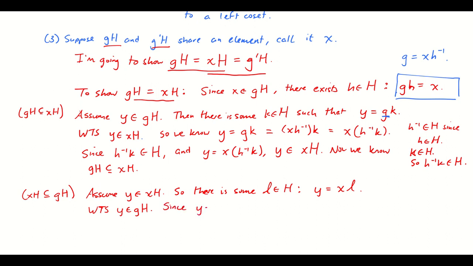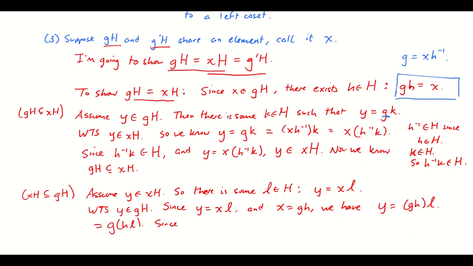since Y is equal to XL and X is equal to GH, we have Y is equal to GHL. And I can rewrite that as G times HL.